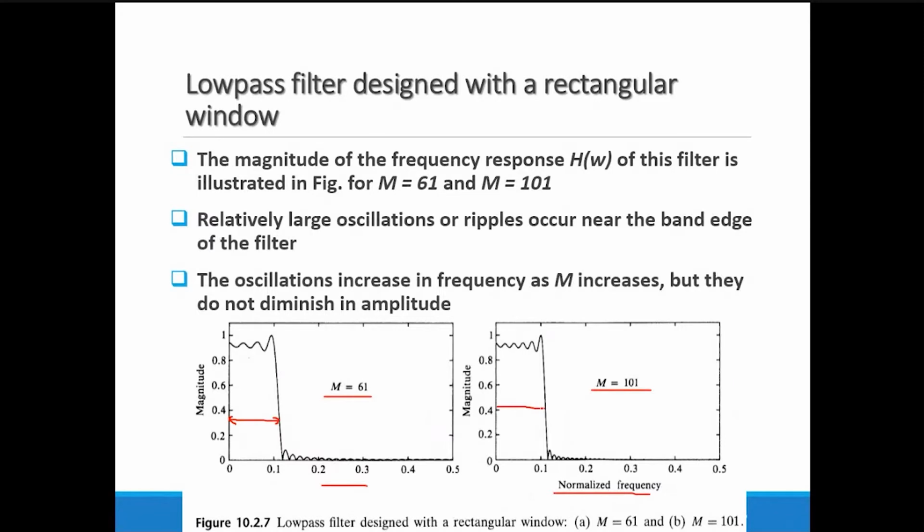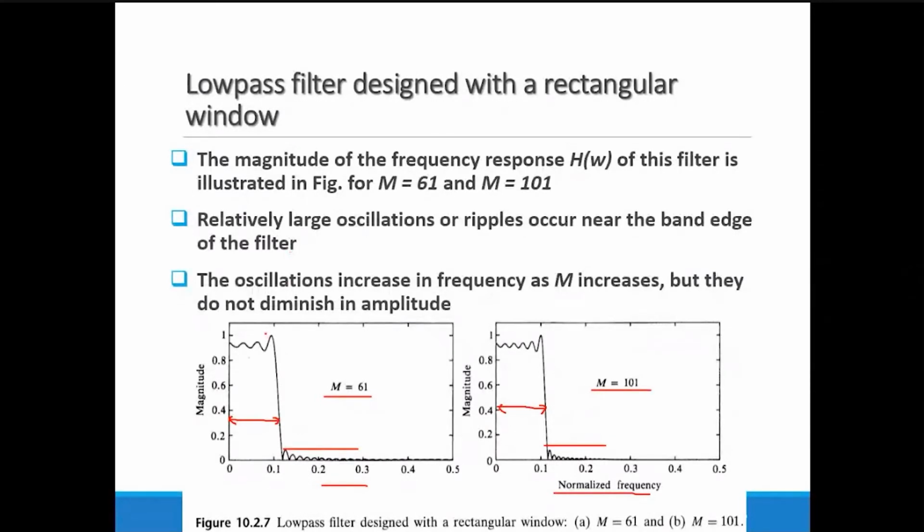Okay, though the side lobes you are getting have widths that decrease, their height is also increased. So compared to this, the width is lower over here, but the height is higher. So the total area covered by this will be equal. So here you can say that relatively large oscillations or ripples occur near the band edge of the filter.